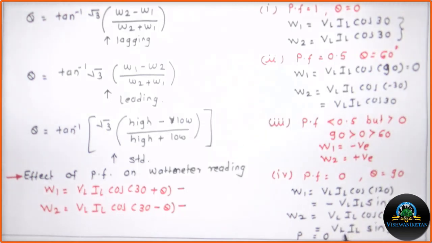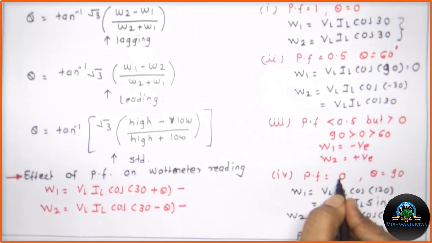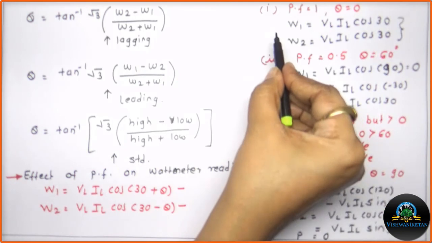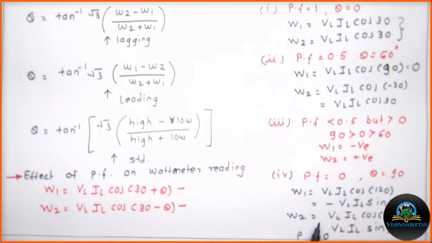This is possible only when the power is equal to 0 and the angle is 90, which means the angle between the voltage and the current is 90, when there is either a pure inductor or a pure capacitor. This is the condition when the power factor is equal to 0. So if the question is asked, if the two wattmeters are showing the same value with different sign, then what will be the power factor? In that case, the angle is 90 and the power factor is 0. So these are the 4 conditions that we have to remember.